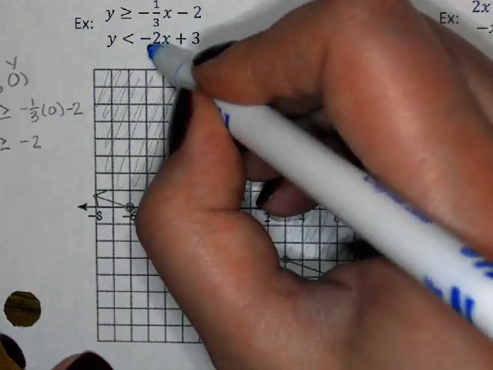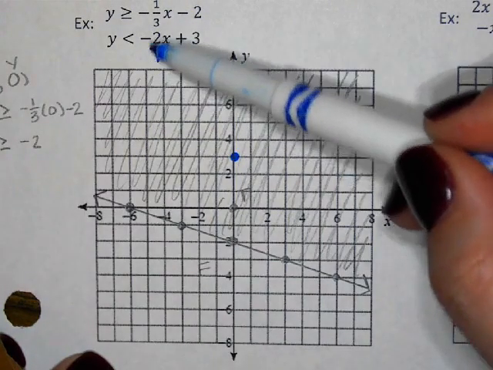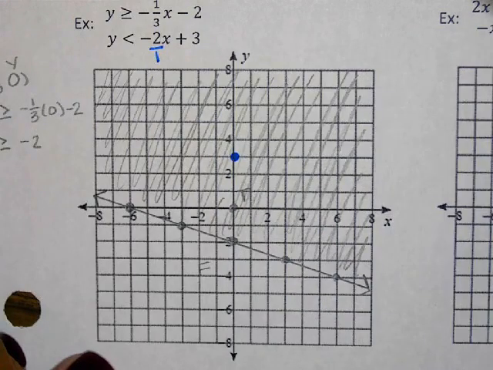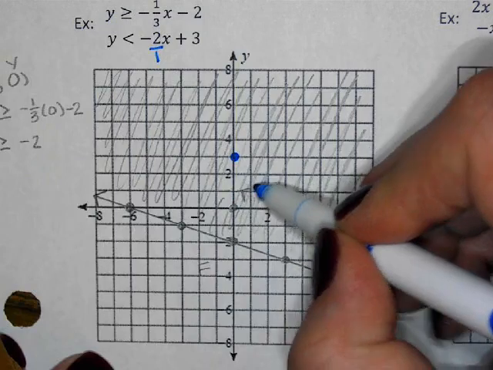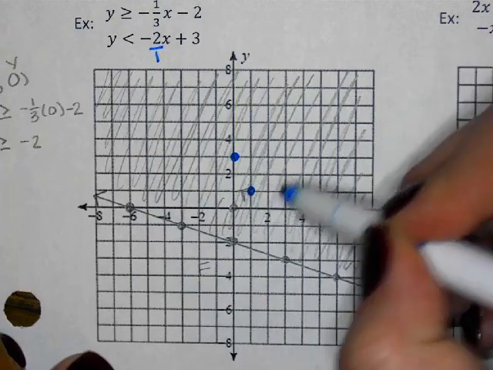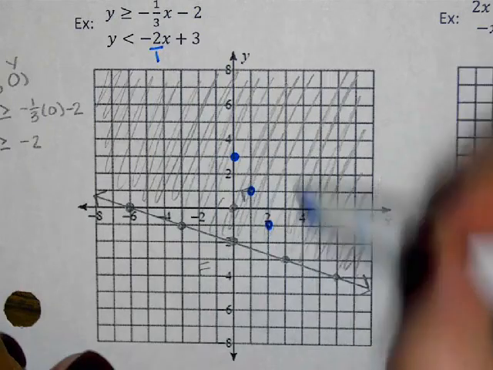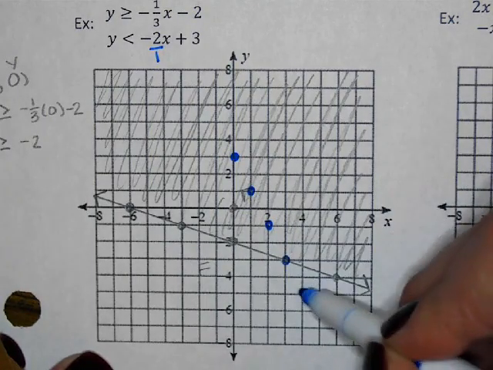I put it over 1, and then it's a negative slope, so what should I do? I should go down. So I'm going to go down 1, 2 to the right 1, down 1, 2 to the right 1, down 1, 2 to the right 1.